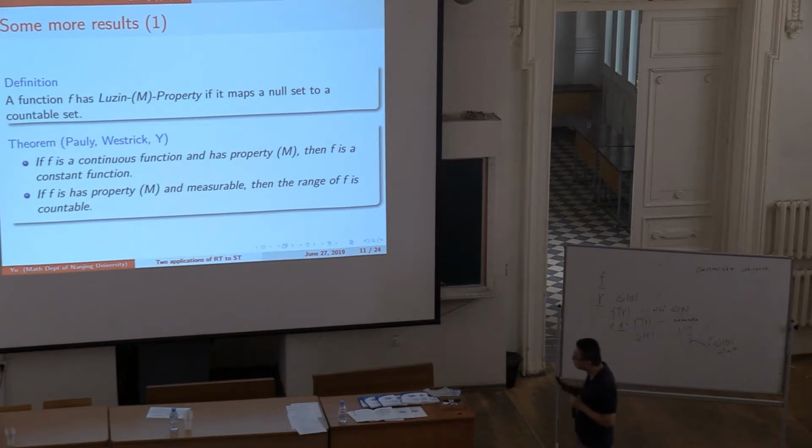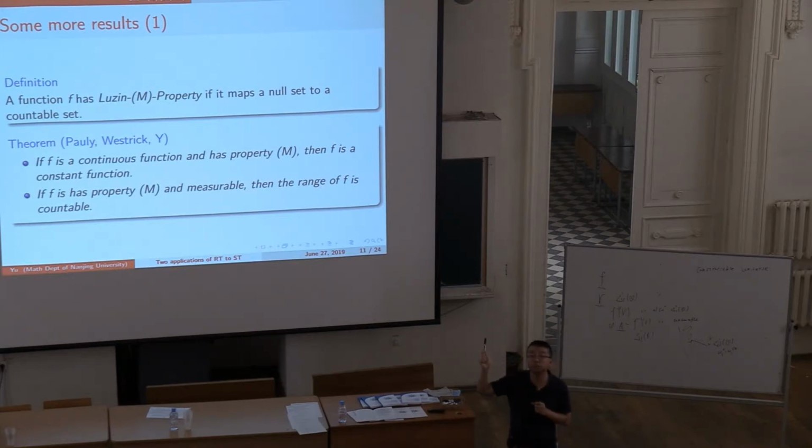And also we can look at some other properties. Let's say a function has the losing M property if it maps a null set to a countable set. It's just stronger than the losing n property, because it maps a null set to a countable set.